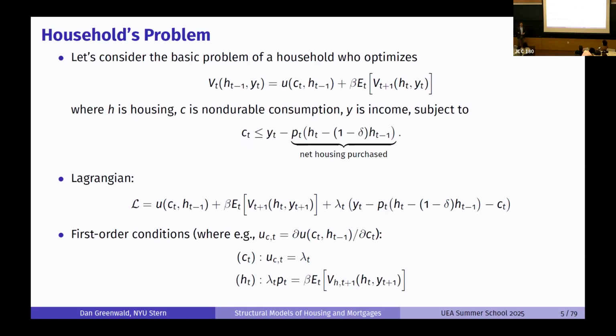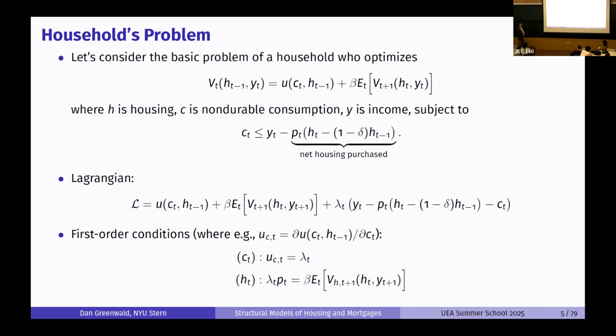Okay, so we're going to consider the problem of a household who optimizes this Bellman equation, right? So technically I should have the max in here, but the value: you're going to come in with a certain amount of housing and income, and then you're going to try to maximize your utility from today's consumption and housing.